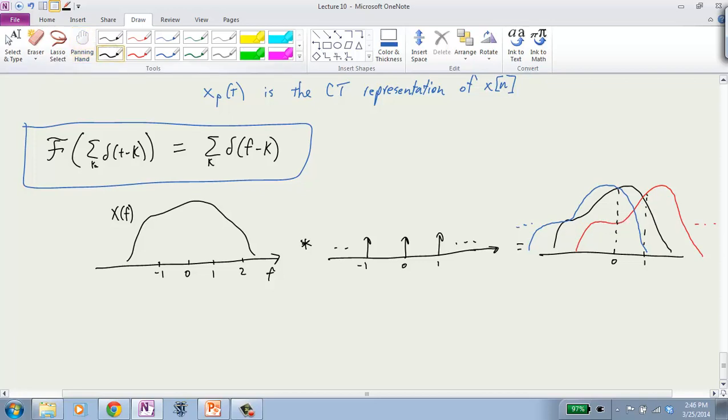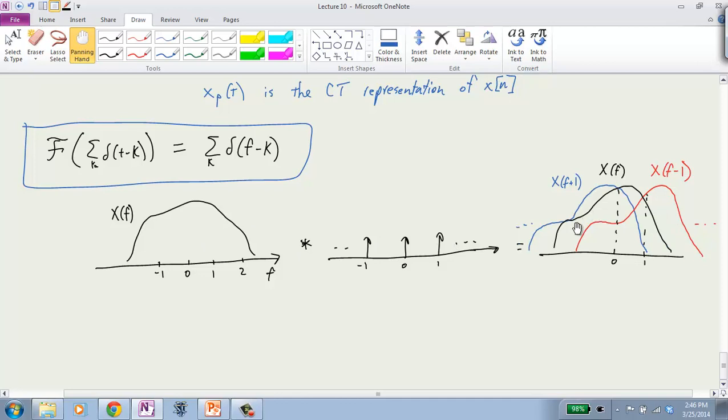So I should say this is x of f. This here is x of f minus 1. And this here is x of f plus 1. You see that what we're doing is a convolution with each delta function separately. And that's giving us these shifted versions of x. And then they're being added together.